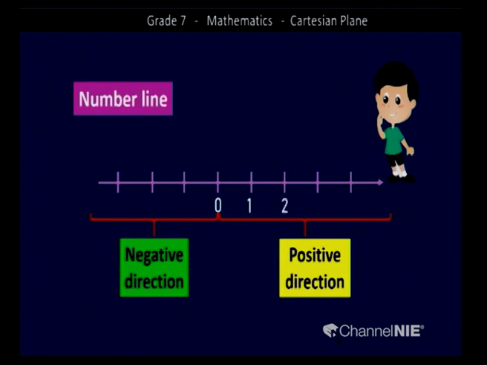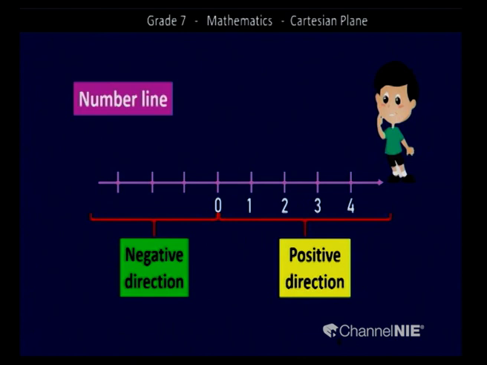So, then we can obtain 2. Likewise, we can obtain 3, we can obtain 4. The value of the numbers gets higher. You can mark further, but here I have space only to mark up to 4.